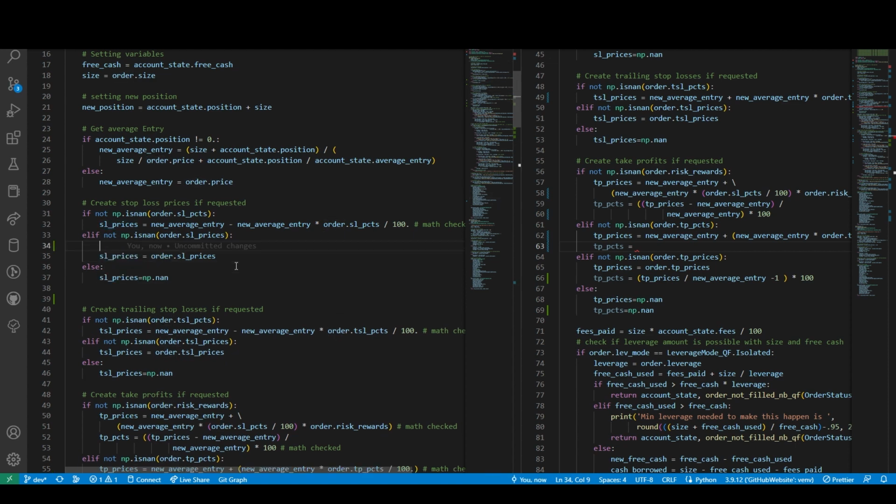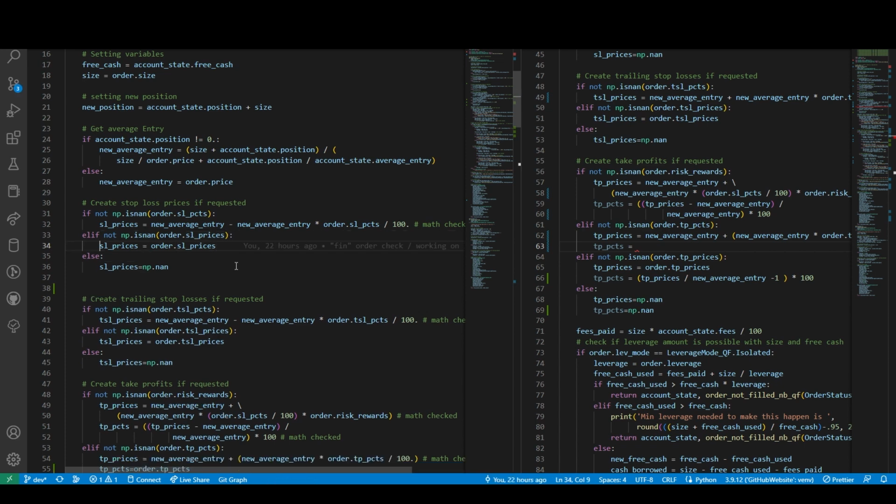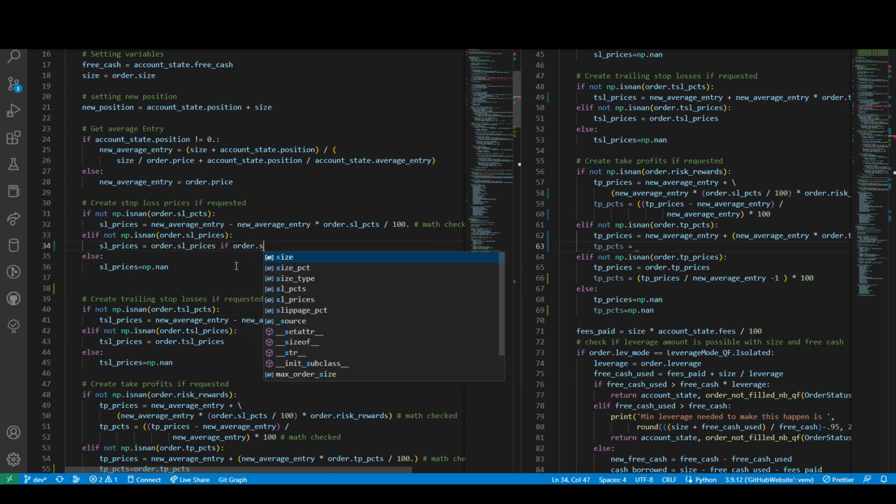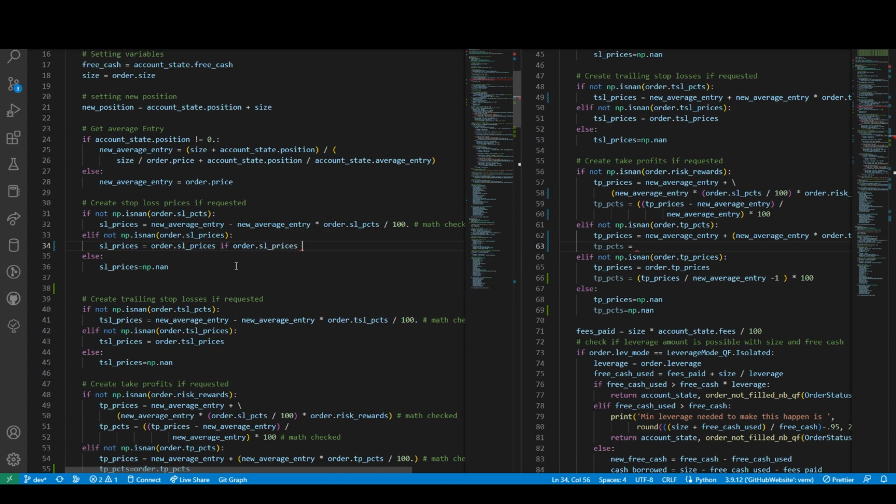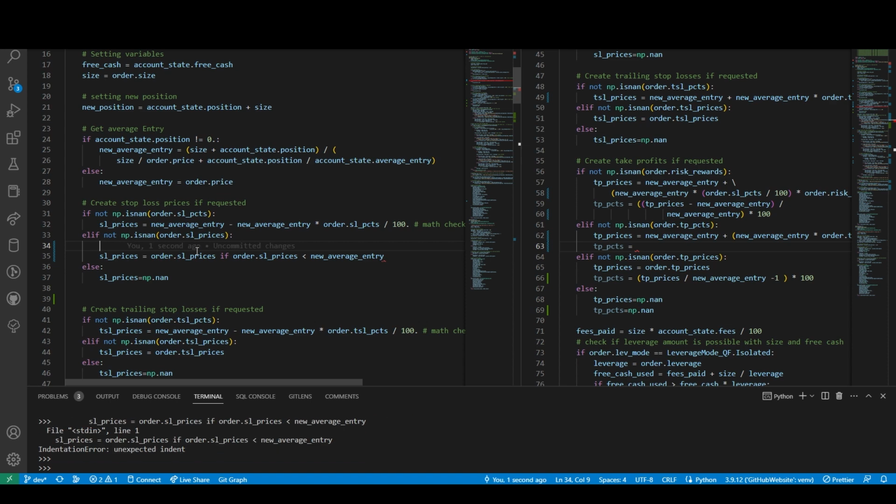So if order dot stop loss prices is less than new average entry. Right? I feel like that's how you're supposed to be able to do this. I don't know how to do this.